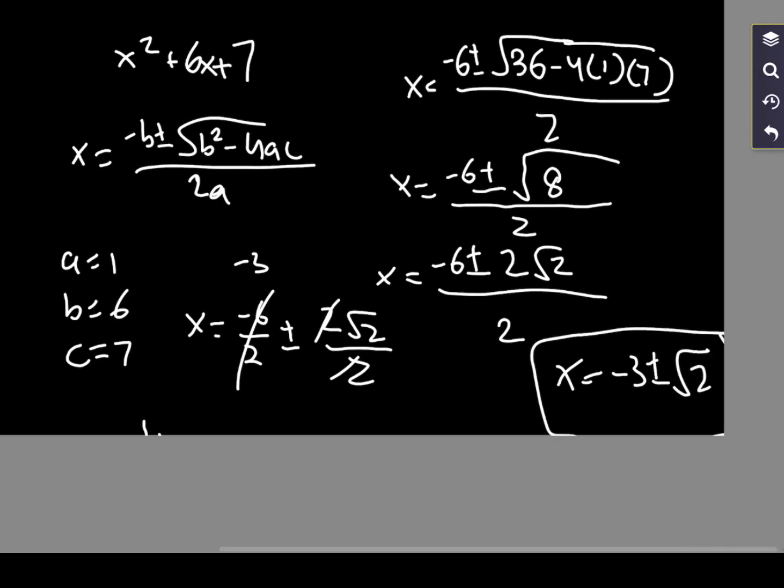Okay? So whenever you're using the quadratic formula, try to simplify as much as possible. In this case, we simplified this radical, and then we were able to use the simplified radical to cancel out the denominator with the stuff inside the numerator, to get our final answer.